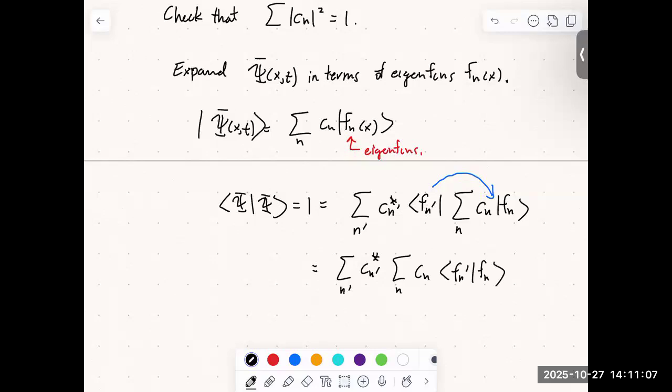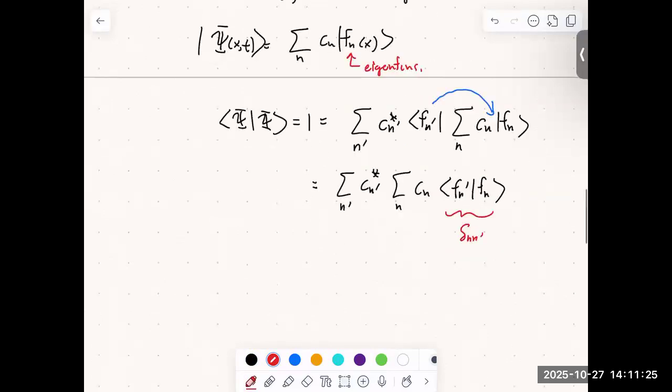But what we proved last time is that these two eigenstates are going to be orthogonal. So this is going to be 1 if n prime and n are equal, otherwise it's going to be 0. So then we have the sum over n prime of Cn prime star, the sum over n of Cn, delta n n prime.